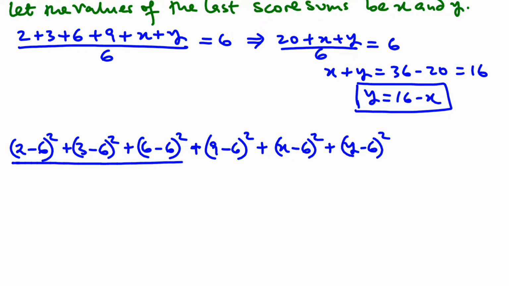All this over 6 should be equal to square root of 10 squared, which is equal to 10. So because you're given the standard deviation, which is square root of 10, to get the variance, you square that.